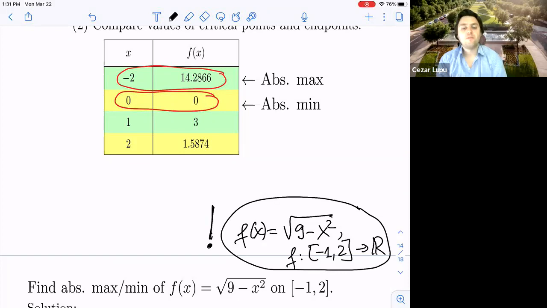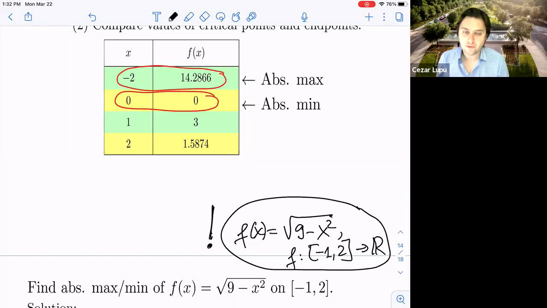So in other words, before we even start talking about the critical points, critical numbers, before we even evaluate the function at the critical numbers or at its endpoints, we need to make sure that we know precisely what is the domain of the function f, right? Exactly.